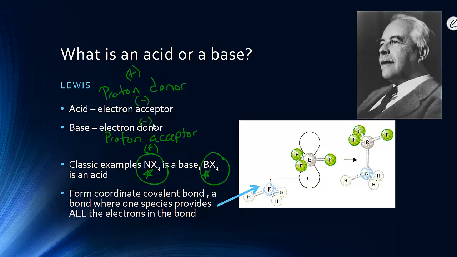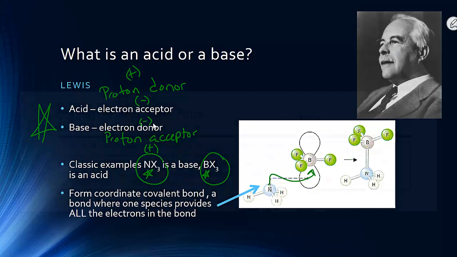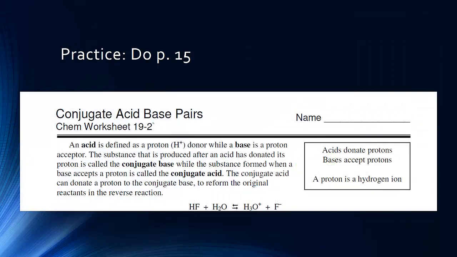So again, you do not need to know this beyond the definitional term. You don't have to be able to explain that this lone pair can come in here and form a coordinate covalent bond. That's a story for second year chem in college. So, with that being said, you are able to do page 15 in your packet.